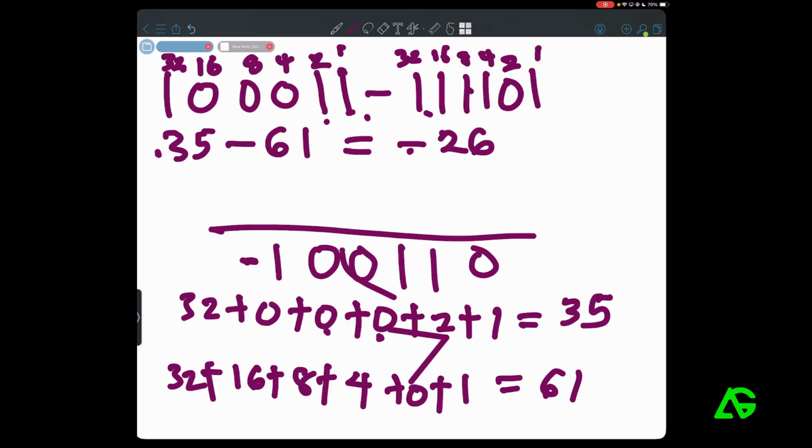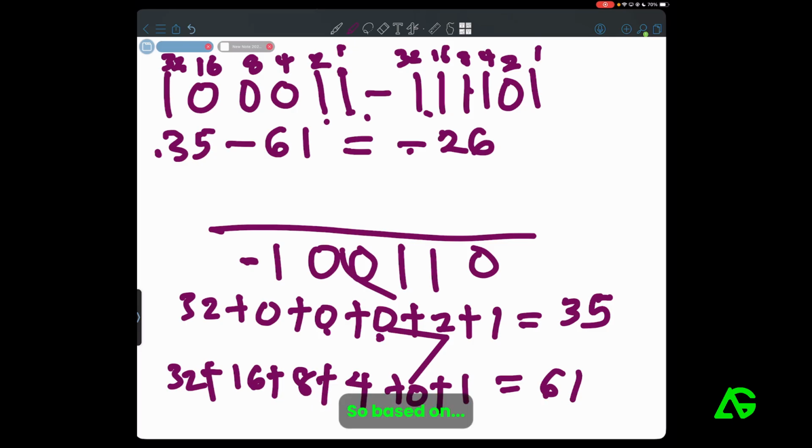Okay, I kind of got lost at the point where you see all these 32, 16, 8. Those values up there are just the place value.